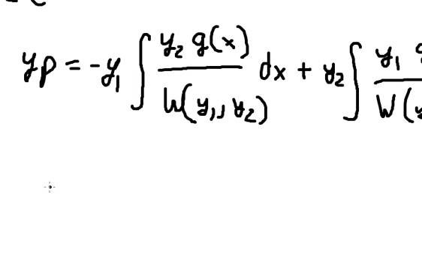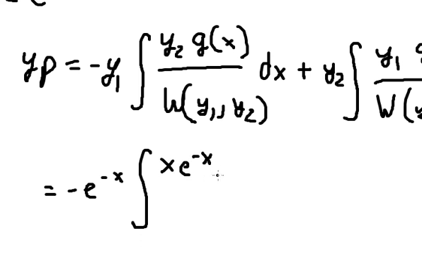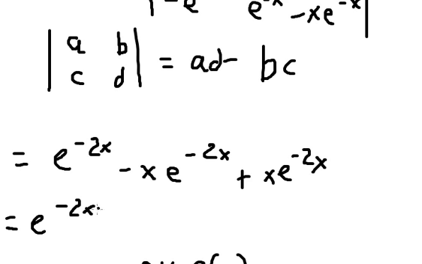So we know that y number 1 we have e to the power of negative s. This one we have s e to the power of negative s. gs we have e to the power of negative s, f and s, over this one.